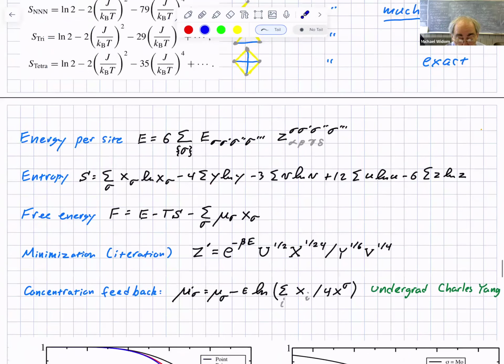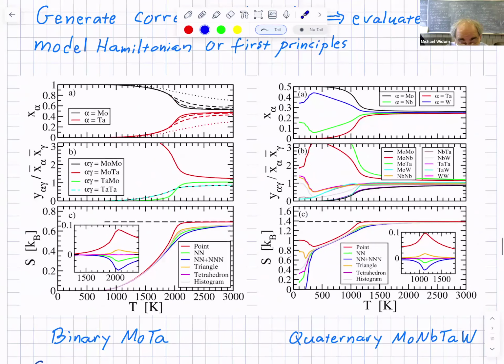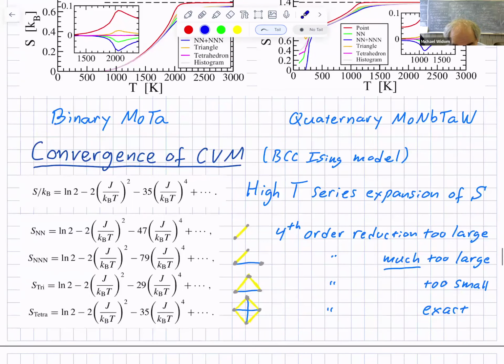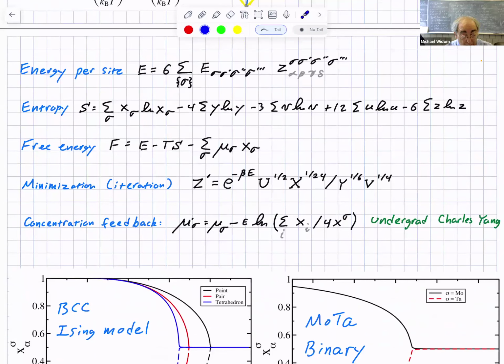Okay, but the Monte Carlo simulations, those were done using a model Hamiltonian fit to first principles data. And so we could also use that model Hamiltonian to run the cluster variation method.